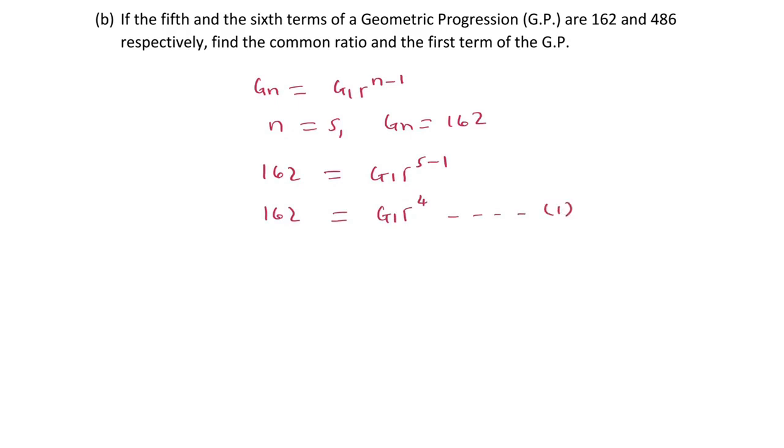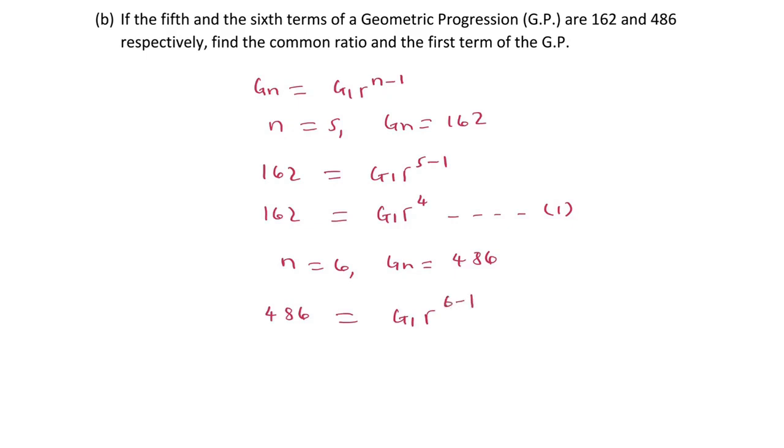For the sixth term, let us substitute the value n equals 6 and Gn equals 486. Then our equation is going to be 486 equals G1 R power 6 minus 1.